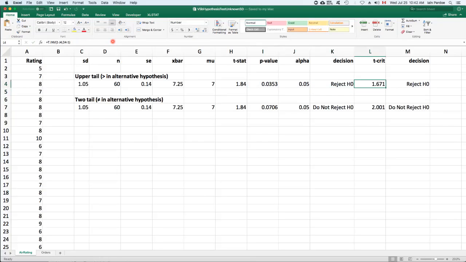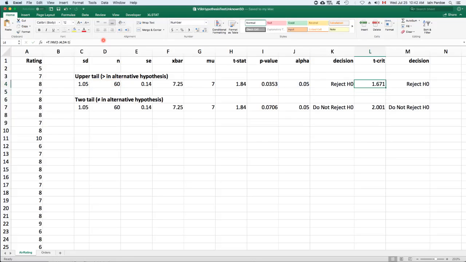If we wanted to use the critical value approach instead, then this function here will calculate the value of t for a t-distribution with 59 degrees of freedom that will have an upper tail area of 0.05.